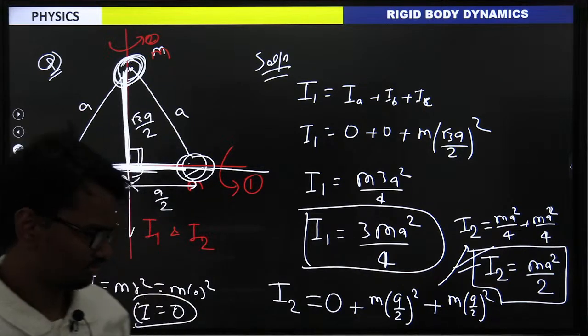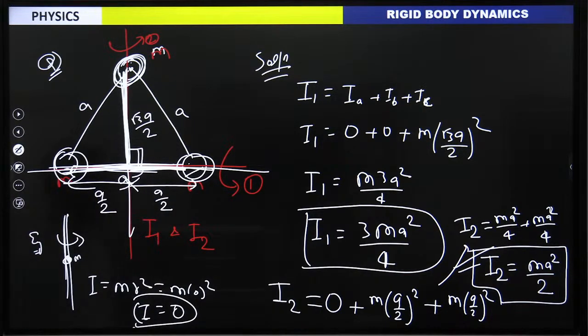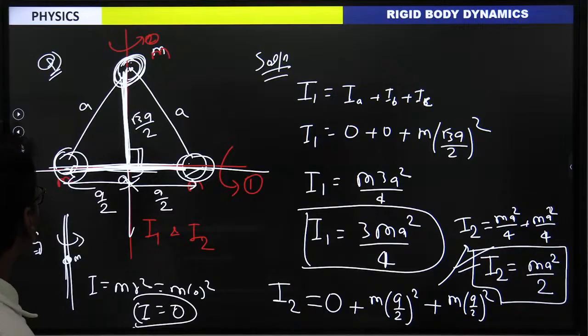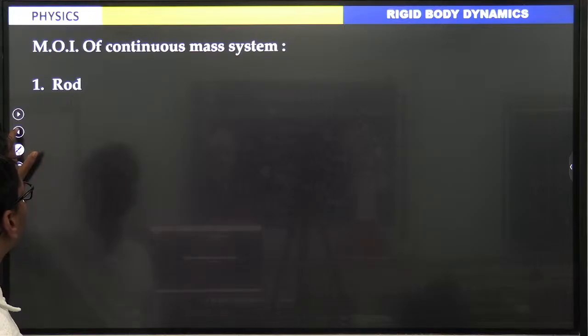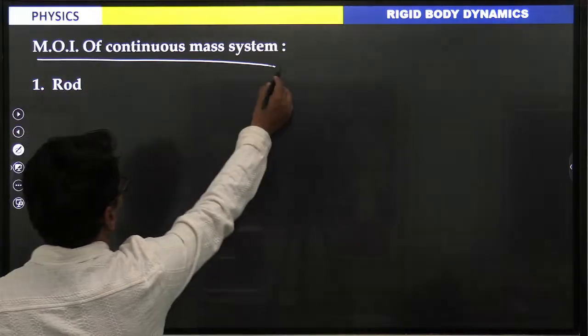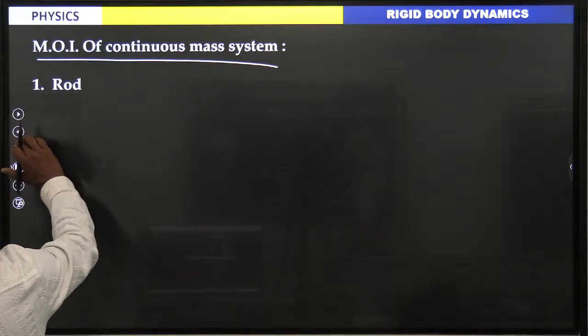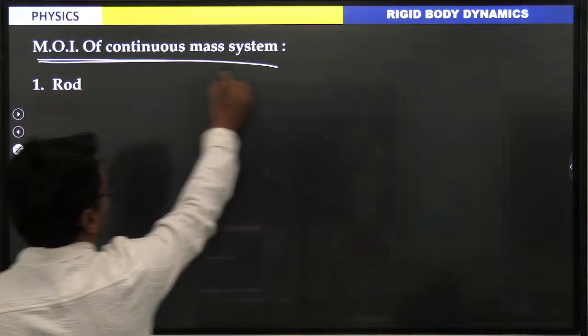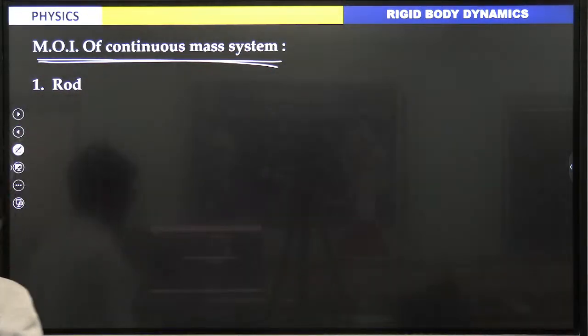Now, I am going to study a new concept: how to find the moment of inertia of a continuous mass system. Clear? Moment of inertia of continuous mass system. What is a continuous mass system?